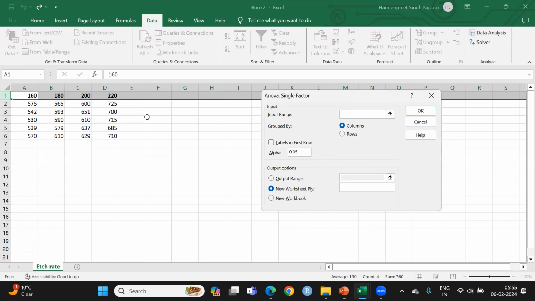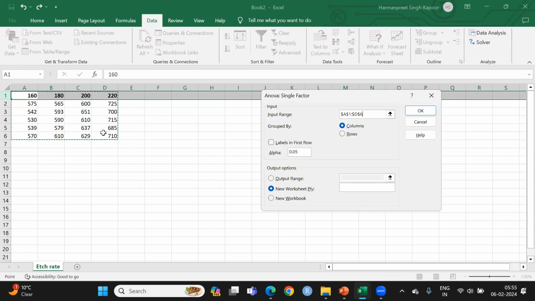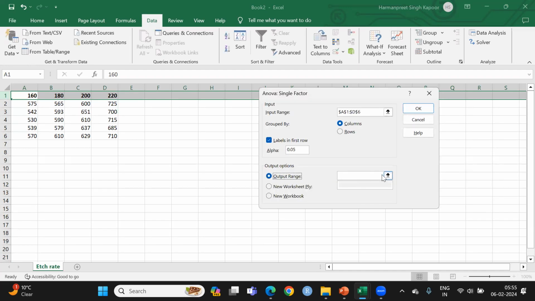Then you have to select the range that you have for the observations. The observations are grouped by columns. We have labels there and we want the output on the same page.